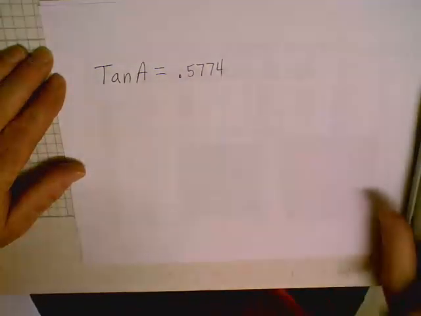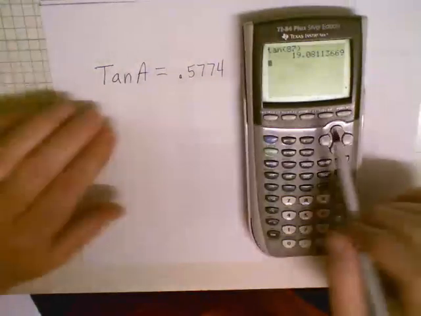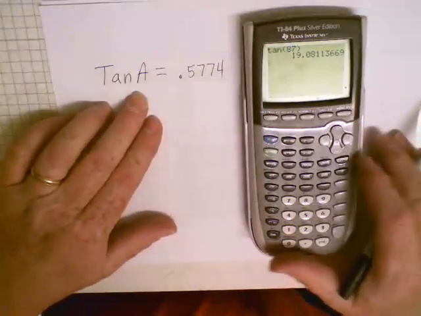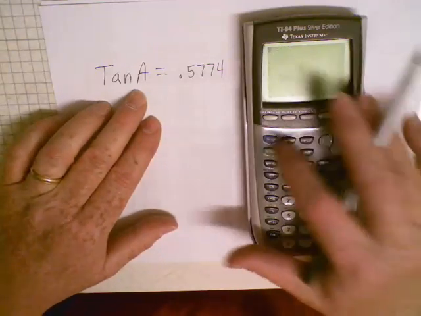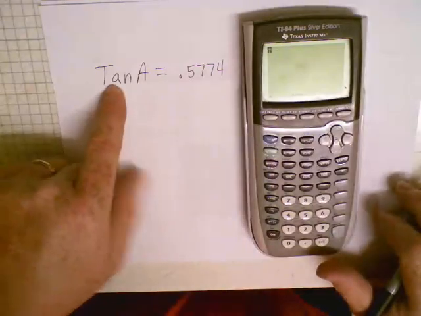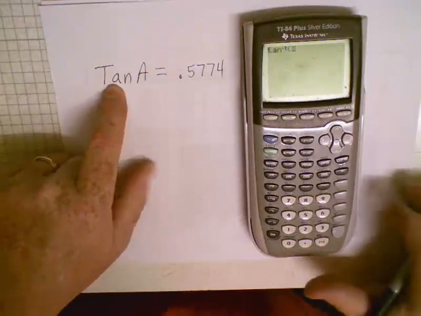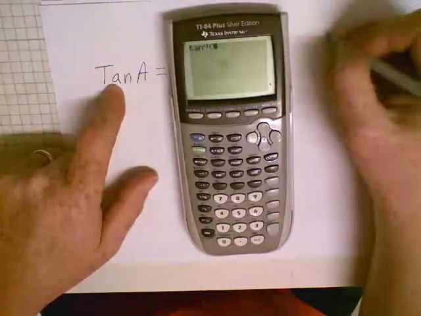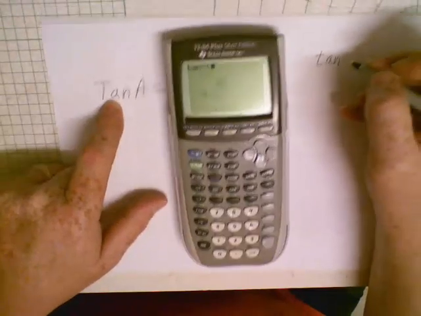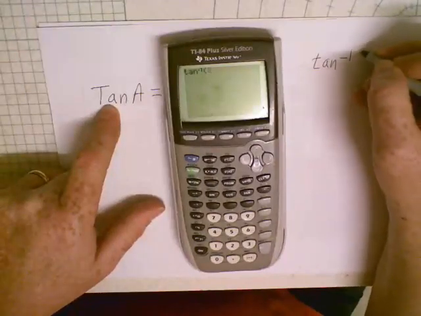We just got done doing this. What you're going to do is you're going to type into your calculator. Let me hit clear. You're going to hit the second button. Then you hit the trig ratio that we want, which is tangent. And you'll notice on the calculator, it pops up tangent -1 parenthesis.